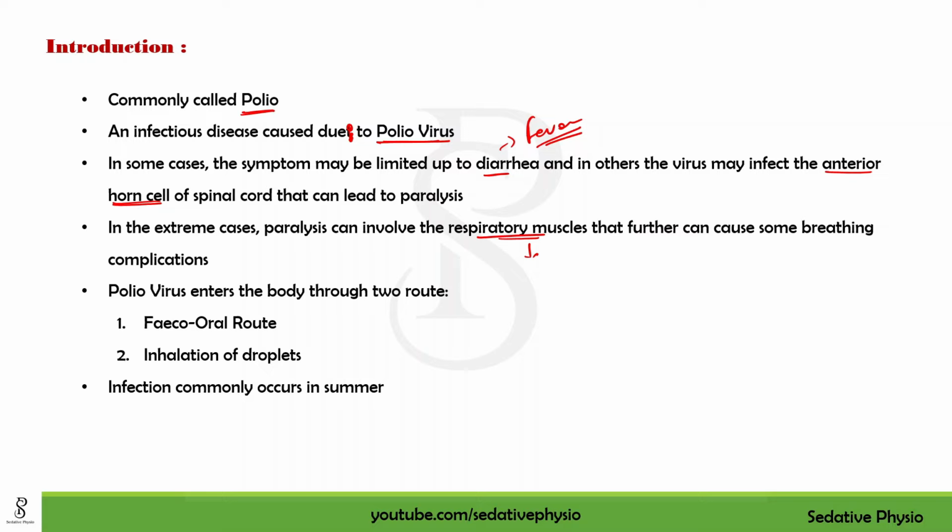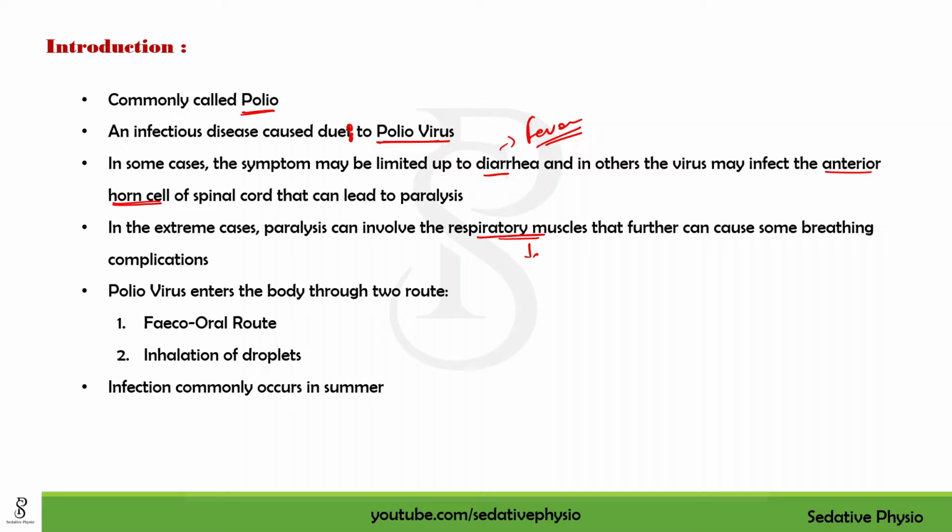If there is paralysis in the intercostal muscles of the chest and the diaphragm, it will lead to breathing complications, and the patient can even die. So poliomyelitis is one of the very complicated conditions seen in children.